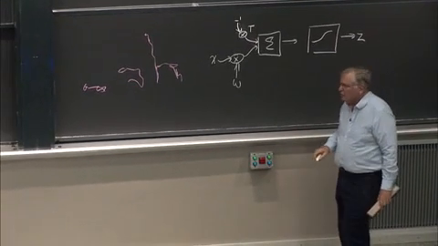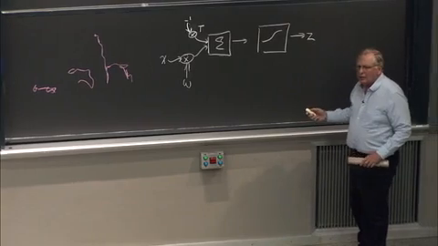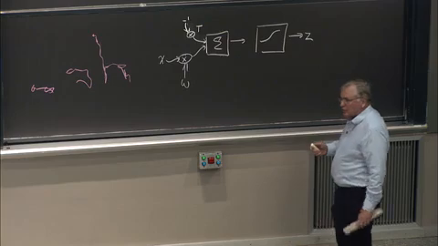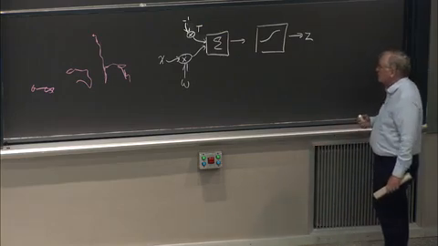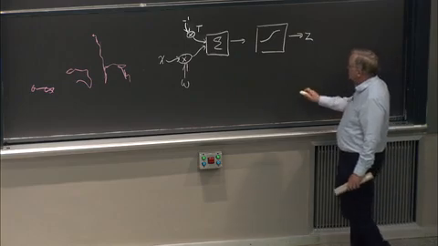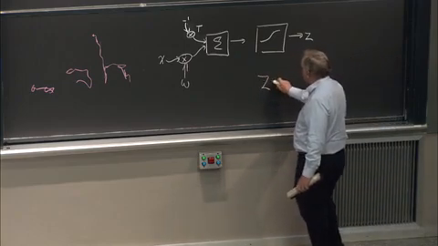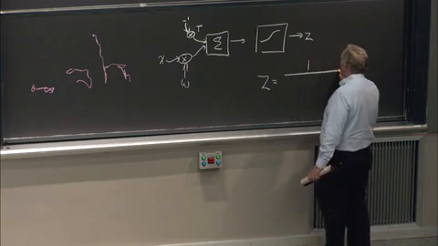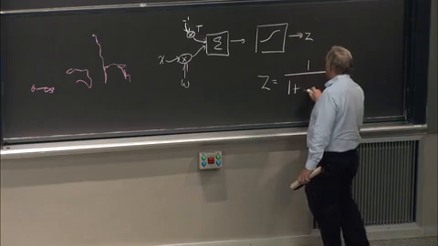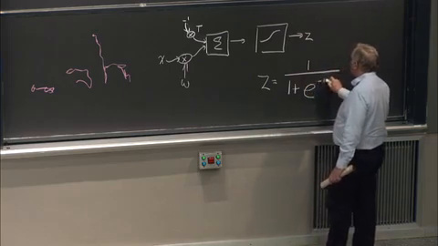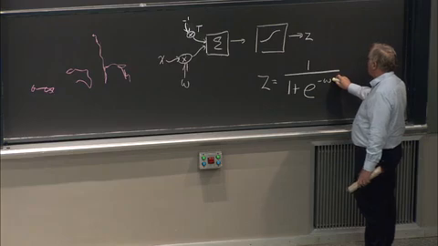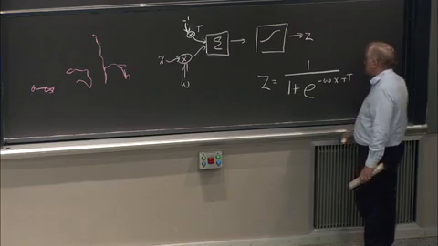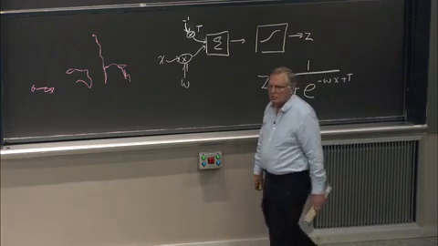So it's clear that if you just write out the value of z as it depends on those inputs, using the formula that we worked with last time, then what you see is that z is equal to 1 over 1 plus e to the minus (w times x minus t), plus t, I guess, right?